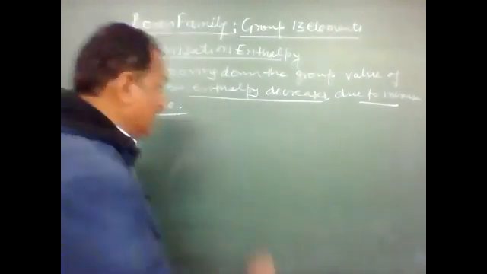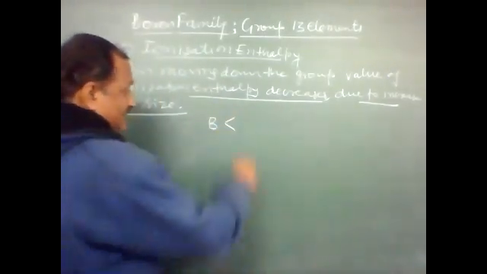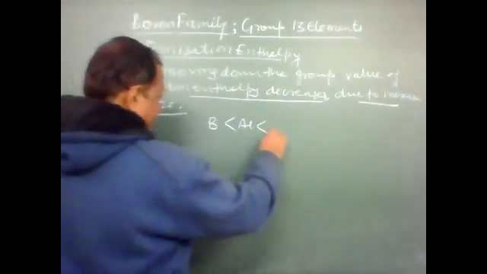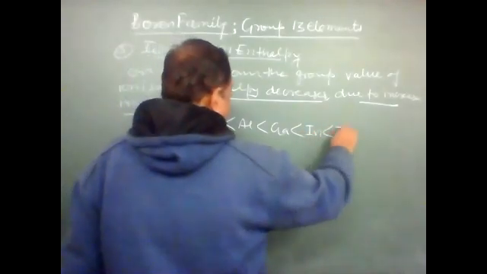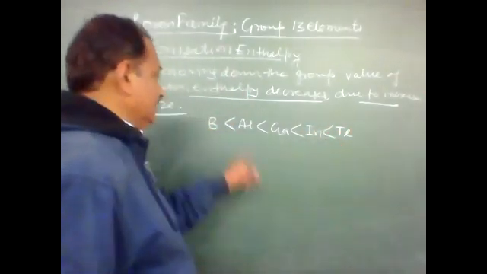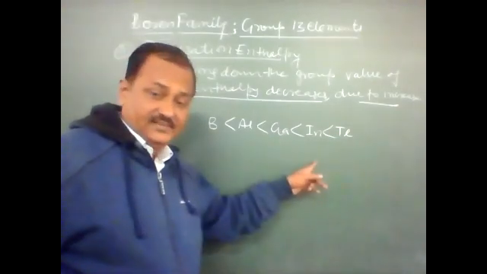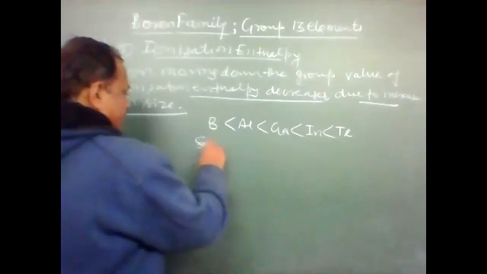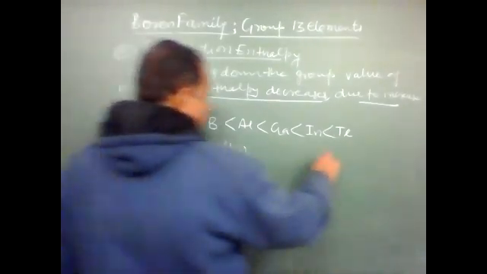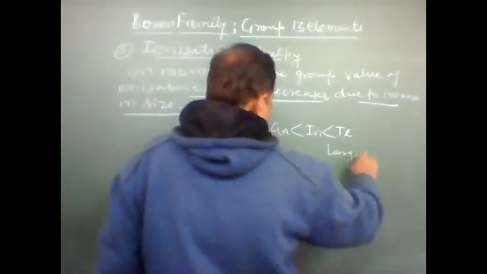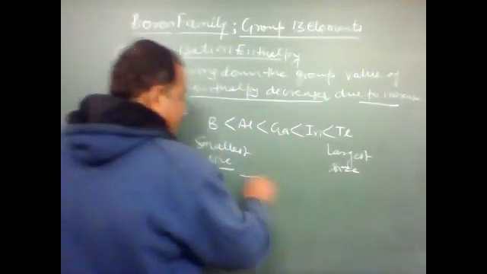So what we can say is that boron will have the highest, then aluminium, then gallium, then indium, and then thallium. So this is the requirement of energy. Here is the smallest size, here the largest size. So what happens to the ionization enthalpy from this to this?